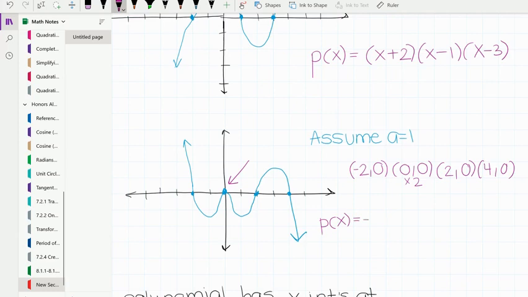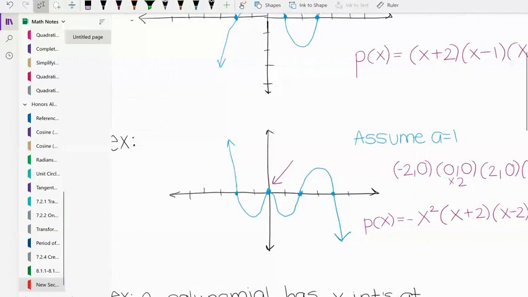And then I'm going to go ahead and deal with the 0 first, just because I like the way that it looks better in the equation. So we'd have negative x squared, then x plus 2, x minus 2, x minus 4. And when you look at that, that would be degree 5.